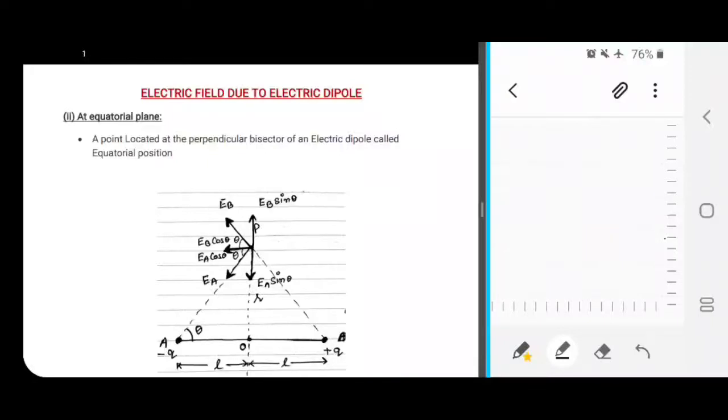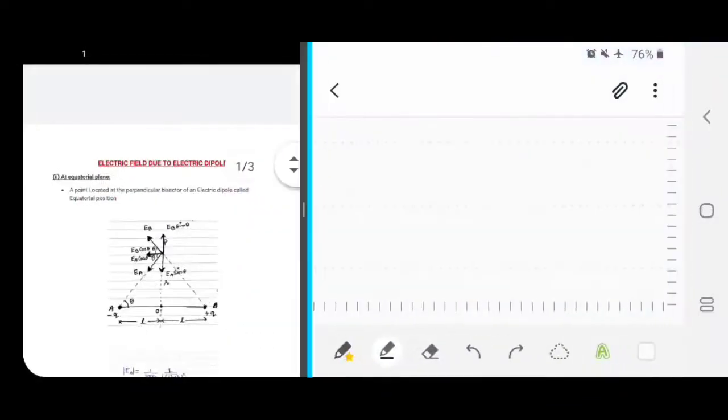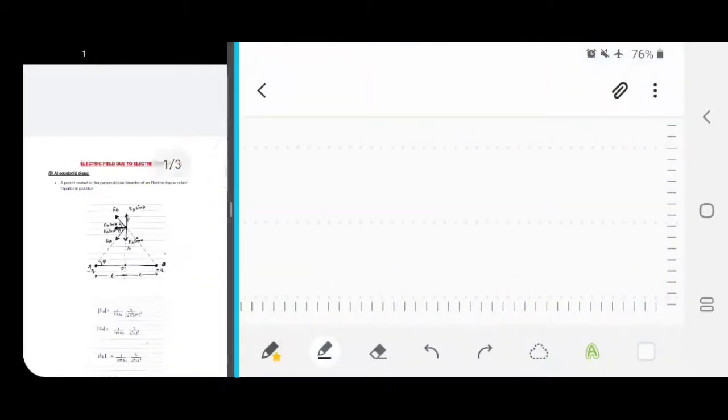First of all, I want to state what the equatorial plane is. Now, I just want to describe the equatorial plane. For example, we have a line. If we draw a perpendicular bisector of this line, then it may be just like this.